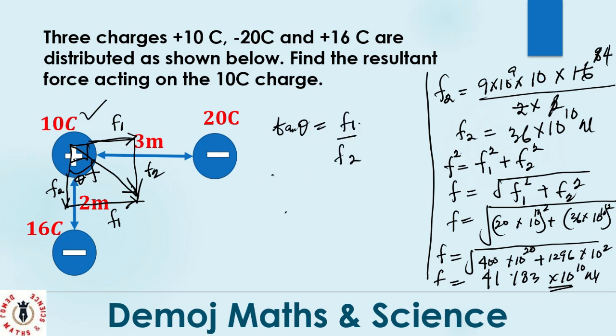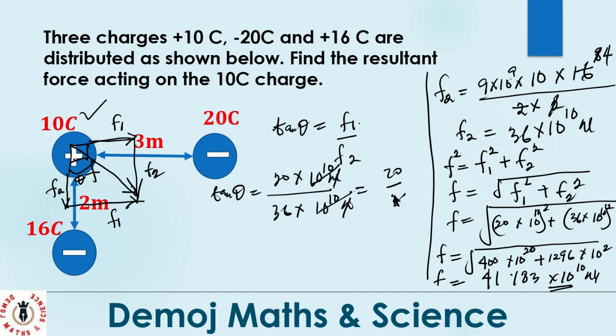My F1, from what we got initially, is 20 times 10 raised to power 10 Newton, and our F2 is 36 times 10 raised to power 10 Newton. This is tan theta. So that 10 raised to power 10 cancels 10 raised to power 10, Newtons cancel Newton. So I'm left with 20 over 36.